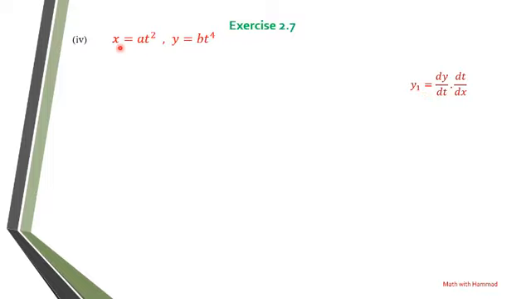Because t is the independent variable and x is the dependent variable. t is independent and y is dependent. So we have to find dx by dt and dy by dt. And we will find dy by dx, which means y1 is equal to dy by dt into dt by dx. Then what will be the value of y2? Here y2 is the derivative of the right hand side containing dy by dt and dt by dx.